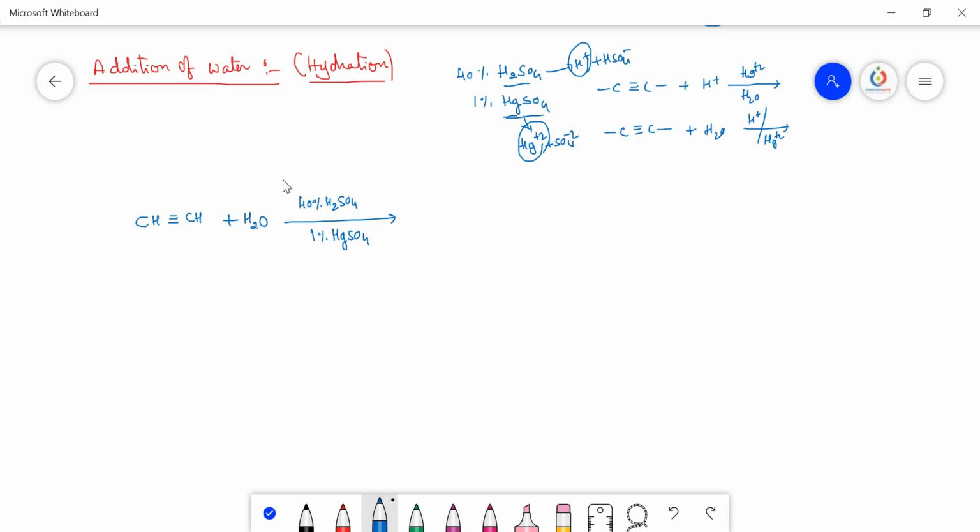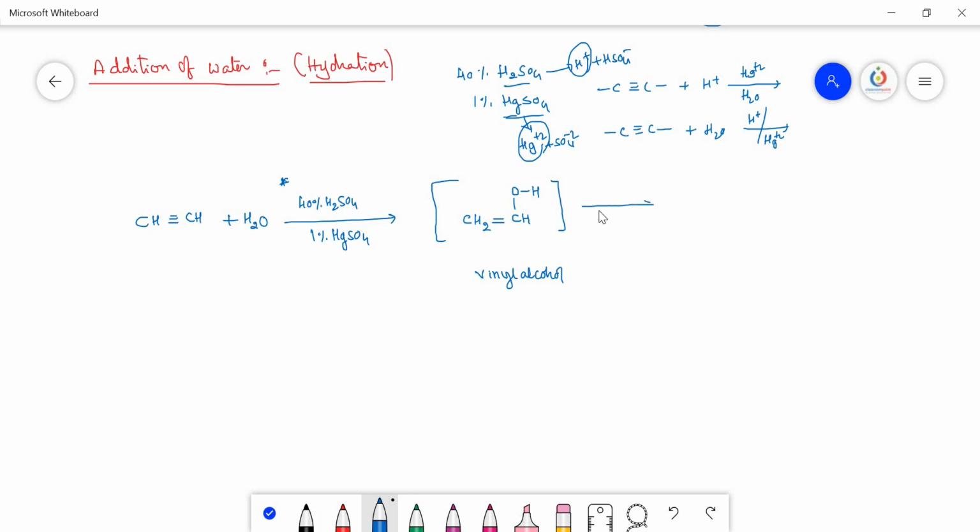You must remember that. Important combination. So add hydrogen on one side, OH on the other side. So we get CH2 double bond CH OH. Okay, this is called vinyl alcohol. Vinyl alcohol is completely unstable.